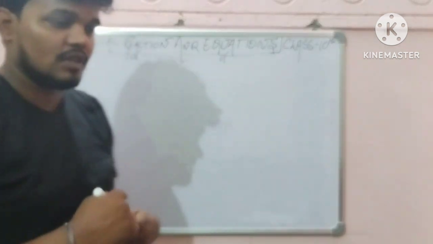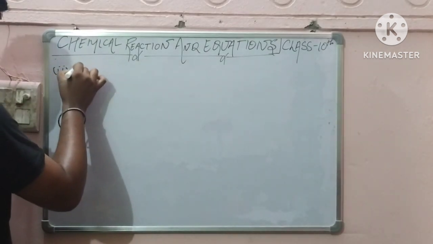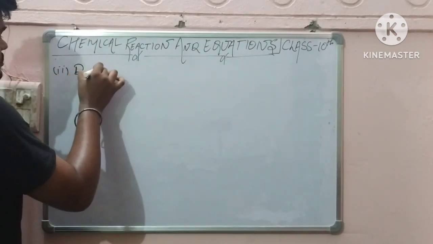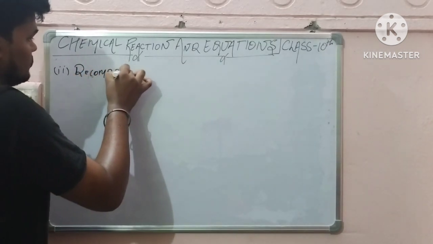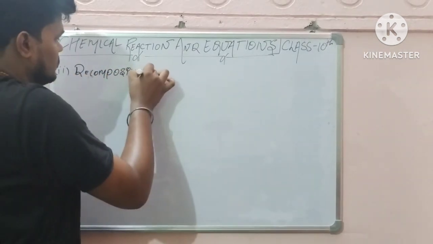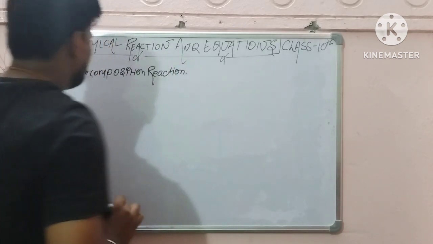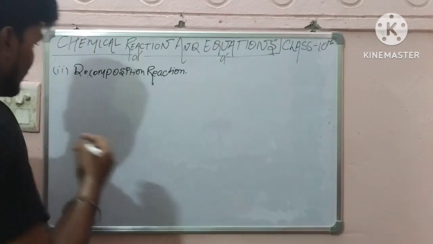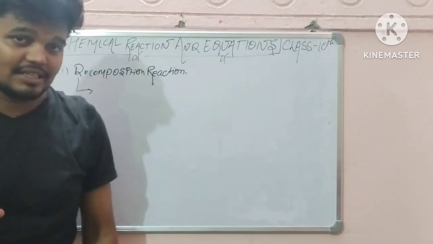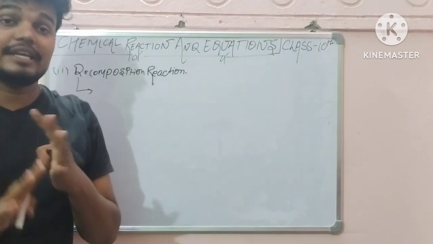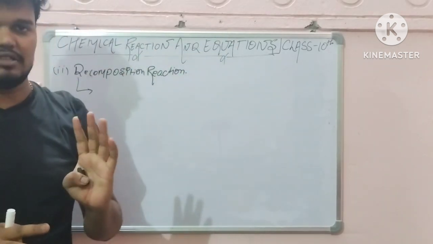The second reaction is the decomposition reaction. What does the decomposition reaction say? Decomposition reaction says that a substance breaks down into two simpler substances.